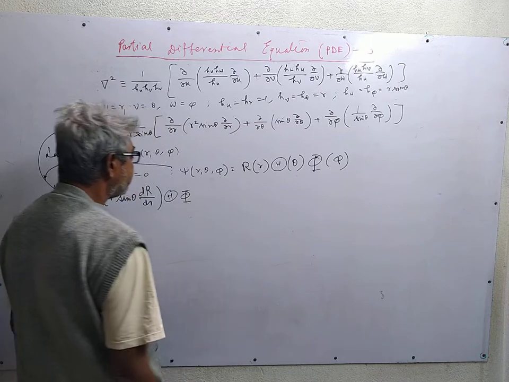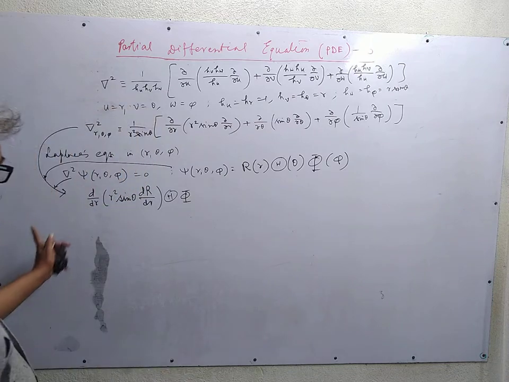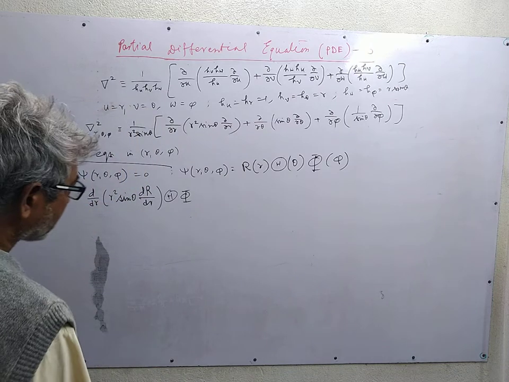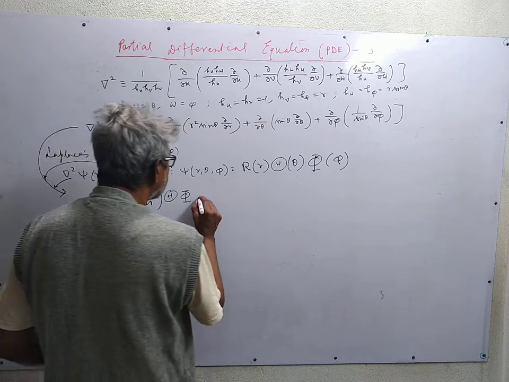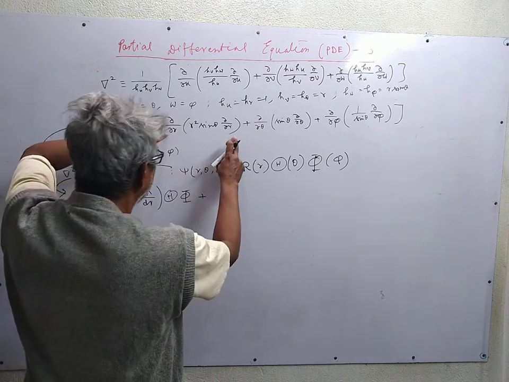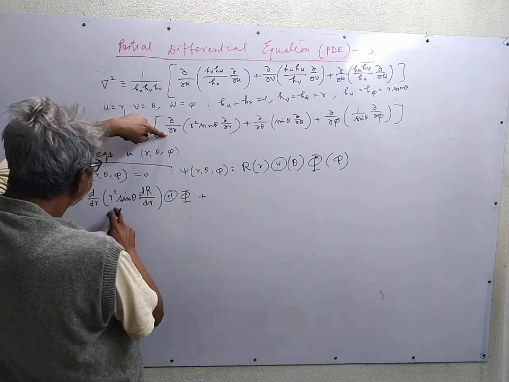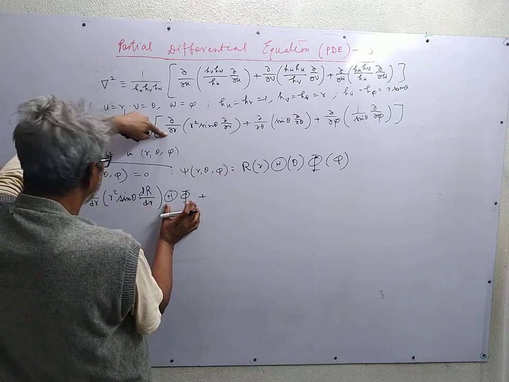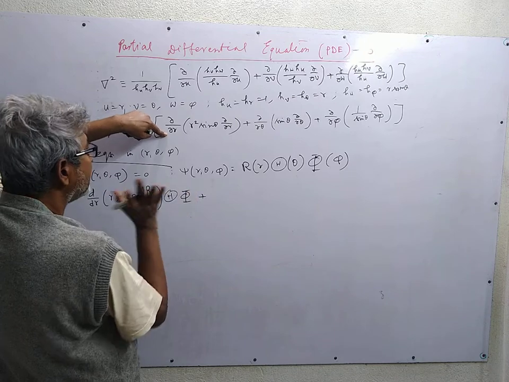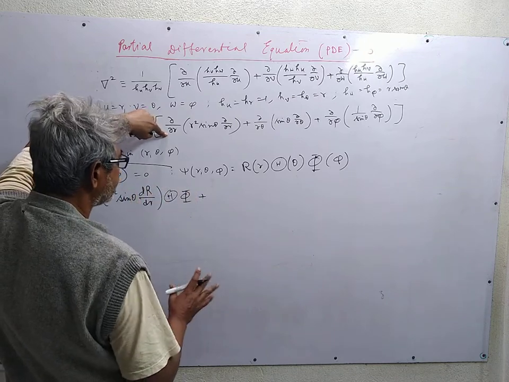Just for the sake of brevity, I am not writing the arguments. This is the first part. So del r operates only on R, so dr, and these parts are taken to be constant, so they are not differentiated.